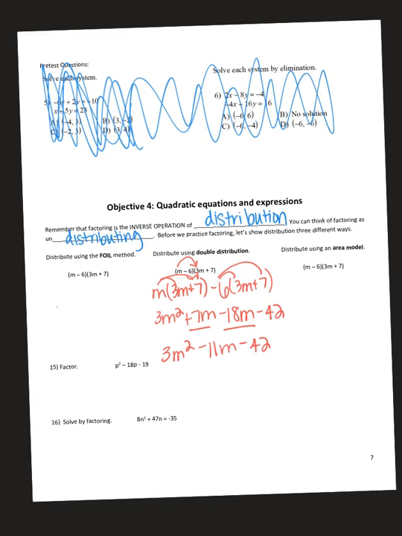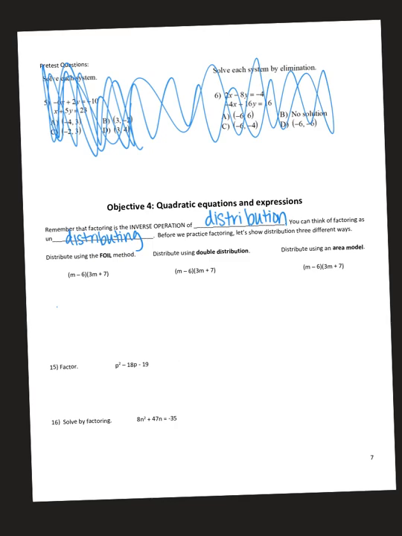Okay? And then the last, again, I'm going to erase so that I have some space, but the last strategy that we use is distributing with an area model. So with an area model, we're going to let the binomial m and negative 6, so it's got 2 terms, so we're going to have 2 columns.